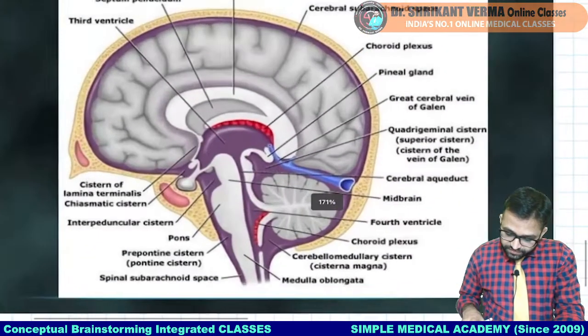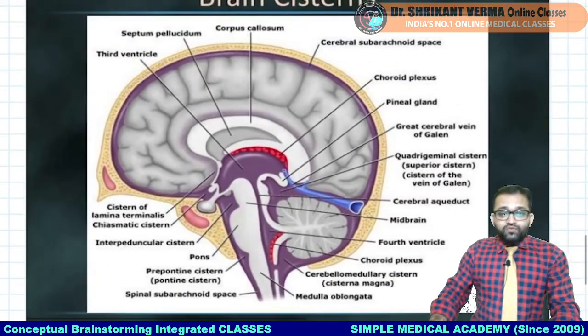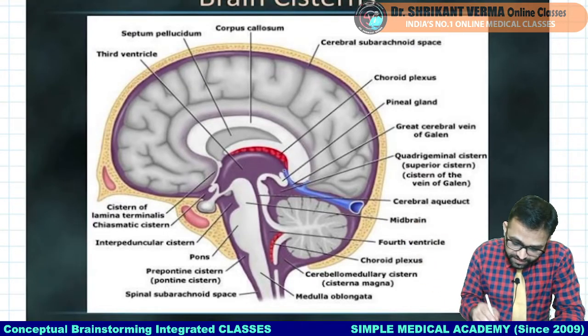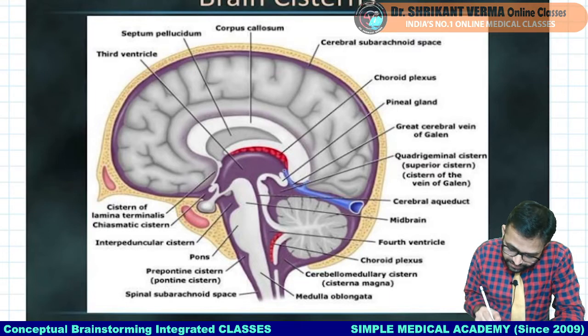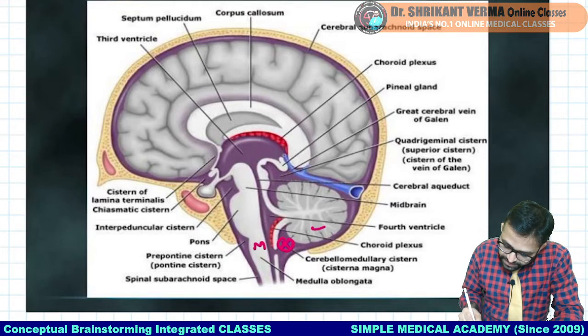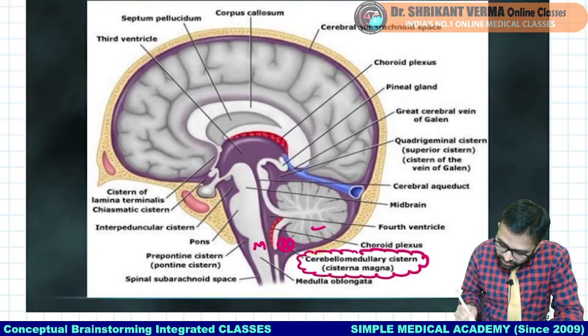See here, can you follow this image? Yes. Same image is here. Try to understand. There is our largest cistern, which is between the medulla and the cerebellum. That is our cerebellomedullary cistern, cisterna magna.